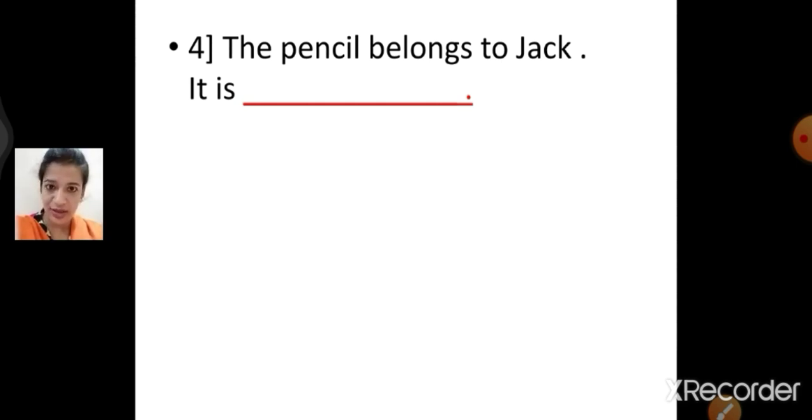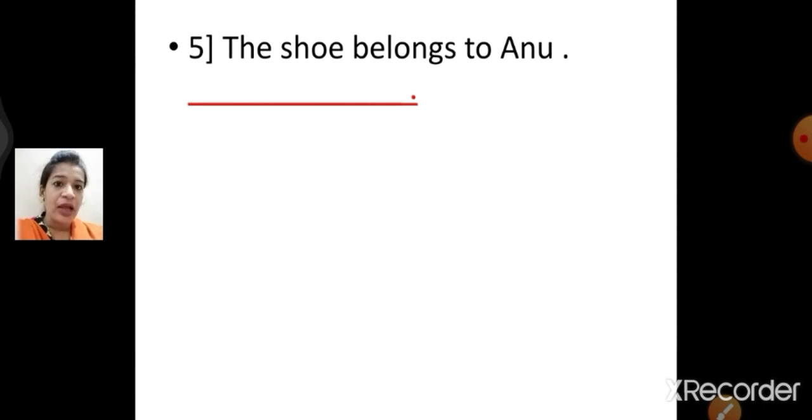So it is Jack's pencil. Now where are you going to use the apostrophe? J-A-C-K apostrophe S. Jack's pencil. It is Jack's pencil.